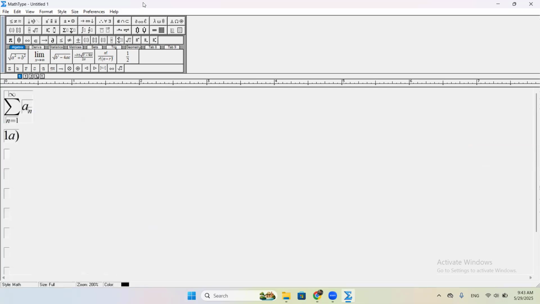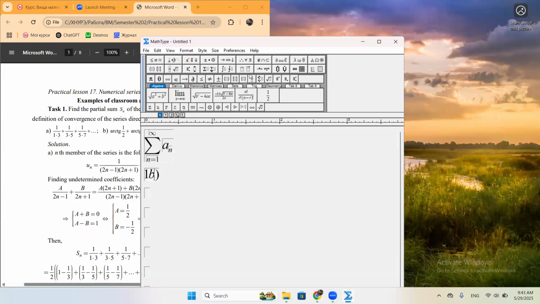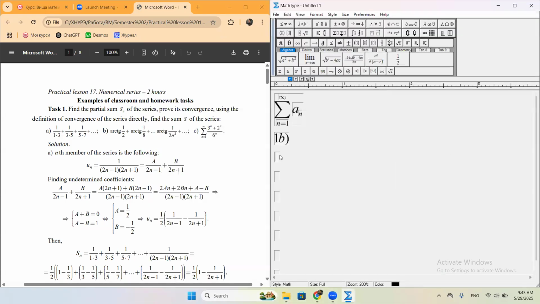So now moving to 1b. We have the following series: arctangent of 1 over 2 plus arctangent of 1 over 8 plus arctangent of 1 over 2n square, and so on.